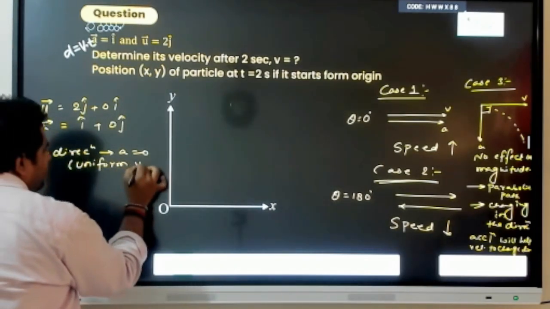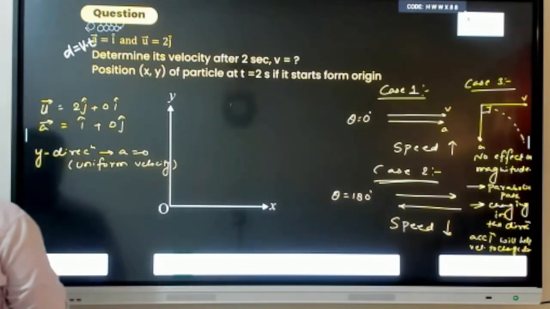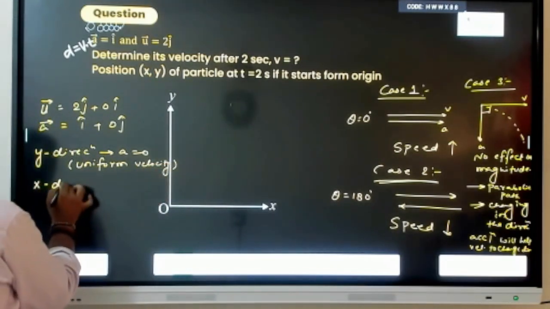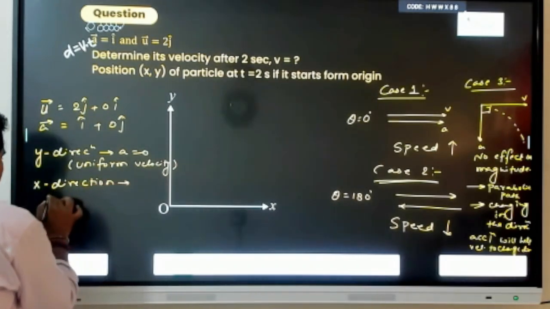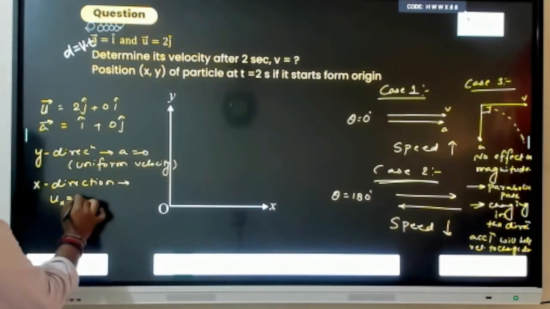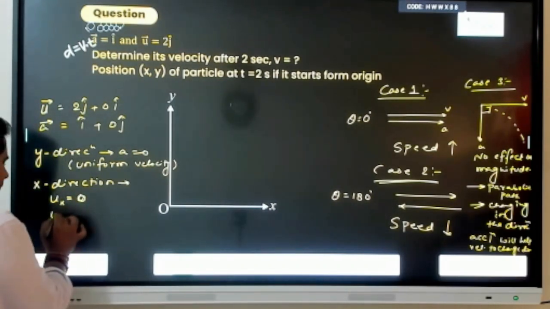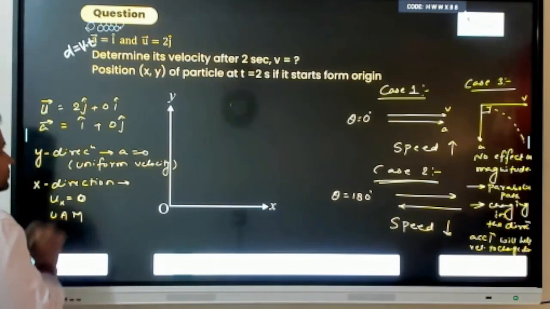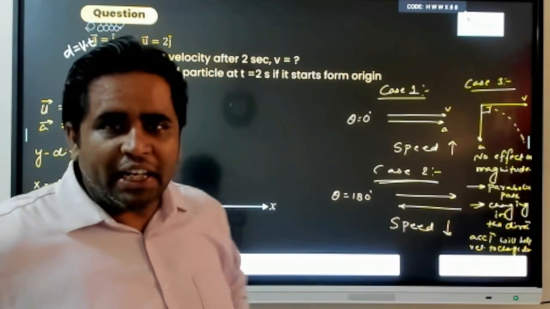And in the same way, if I talk about the x direction, the initial velocity is 0, and in the x direction uniformly accelerated motion is there because acceleration is present. I hope you all are getting my point.